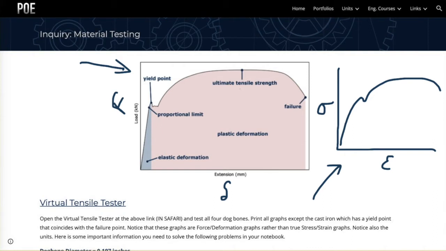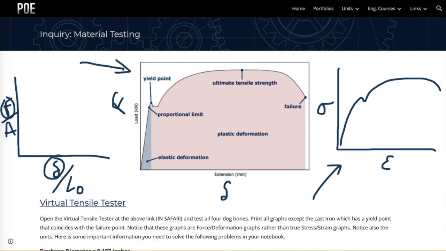Because if you remember, what is stress? Stress is the force over the area, and the strain is the elongation over the original length. So on the top here we have force and the elongation. That's what this graph is. But a stress-strain graph is the force over the area and the elongation over the original length.